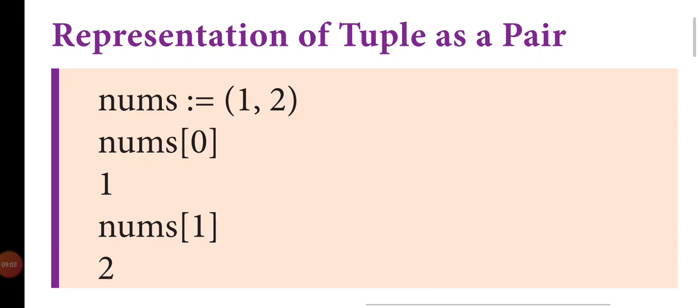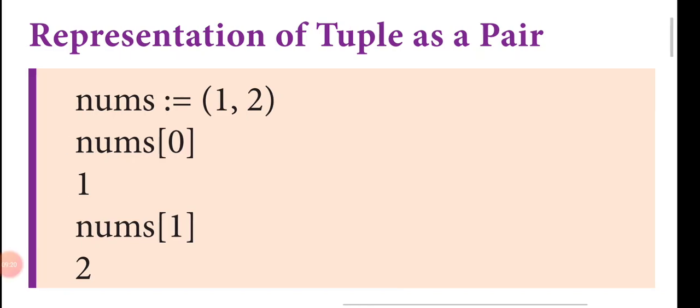Here, don't confuse these square brackets with the list value. It is only to pick the value of the tuple that we use the square brackets, which include the index values 0 and 1.